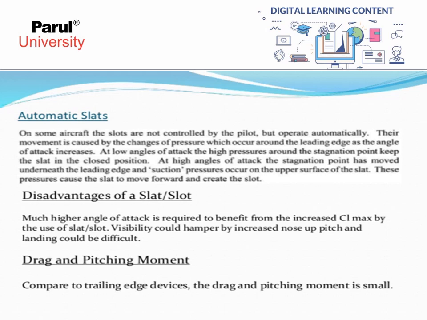At low angle of attack, the high pressure around the stagnation point keeps the slats in the closed position. At high angle of attack, the stagnation point has moved underneath the leading edge and suction pressure occurs on the upper surface of the slats. This pressure causes the slats to move forward and create the slots.